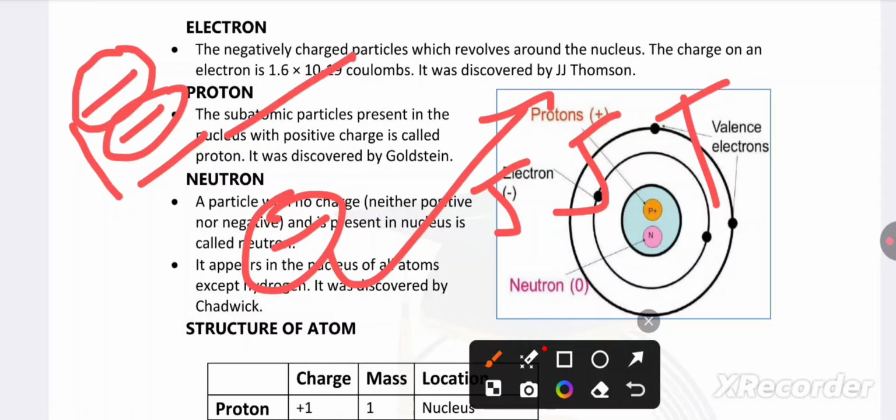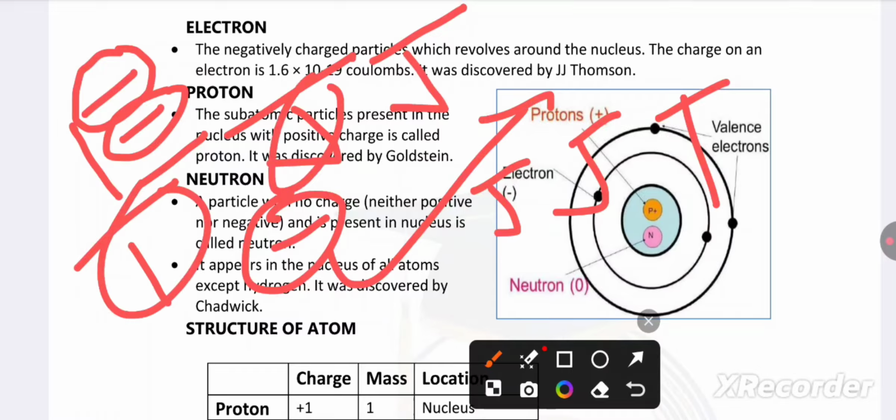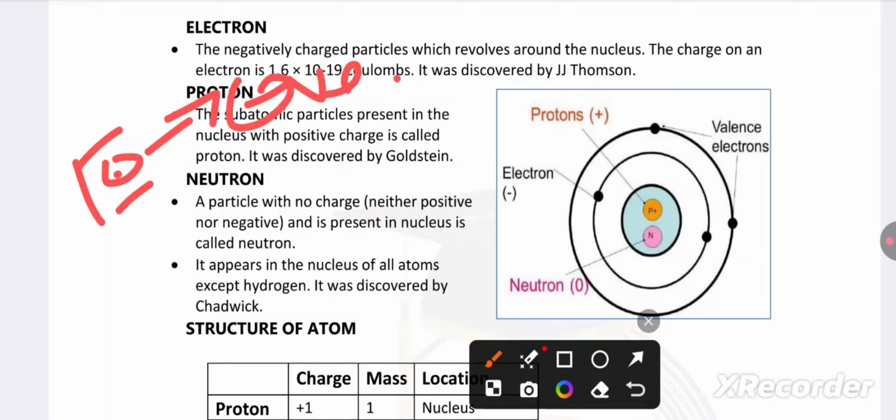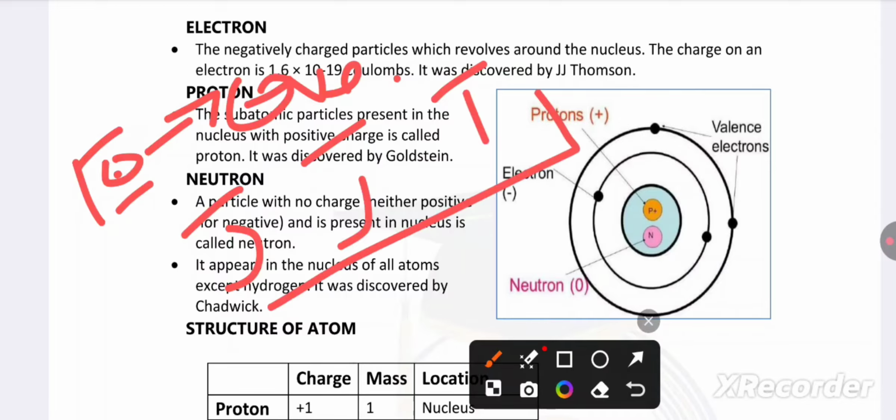J.J. Thomson: first J minus, second J minus, Thomson, T also minus. This is the shortcut. When we see who discovered the electron, the electron has a minus charge, it is negatively charged, so it was discovered by a name with minus, that is J.J. Thomson.